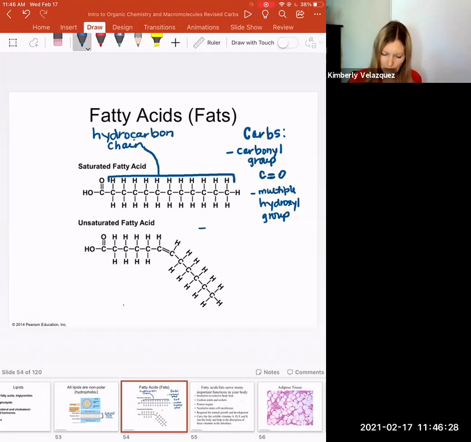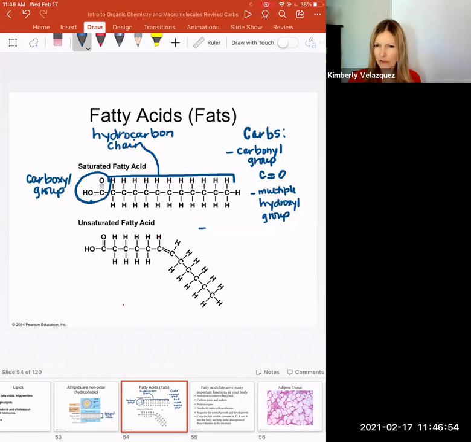Also, you have a different functional group right here. So this one really kind of looks like a combination of carbonyl and hydroxyl. And remember, it's called carboxyl. So this is a carboxyl group. It has the carbon double bonded to the oxygen, but then it has the OH also.